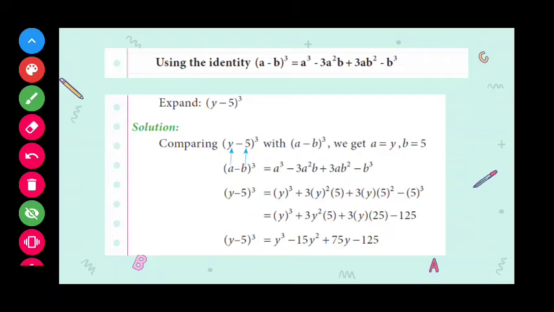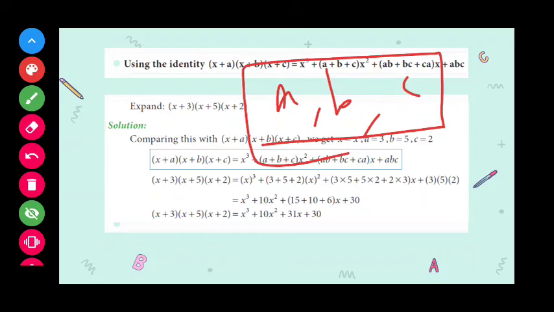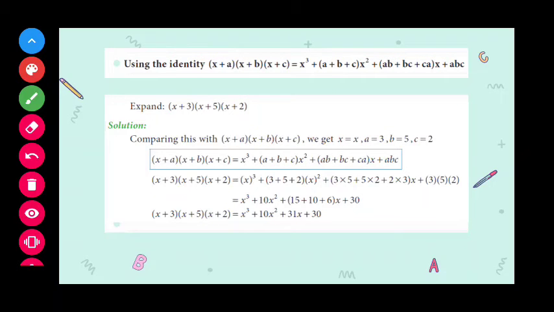We just substitute whatever identity is suitable and then we proceed. Next thing is we saw the third identity's problem, wherein we have to find the values of a, b and c and then proceed with the identity. Okay, so that's all for this. These types of problems can be asked in the exam.